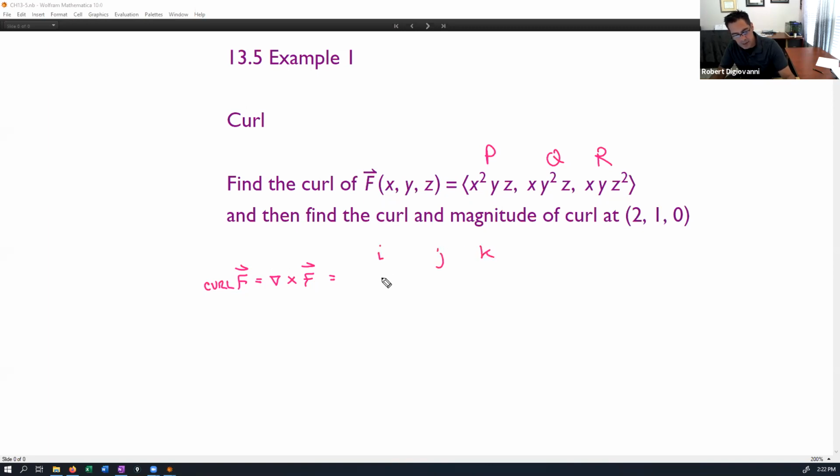I'm going to take the partial with respect to x, partial with respect to y, partial with respect to z, and cross it with x squared yz, xy squared z, and xyz squared.